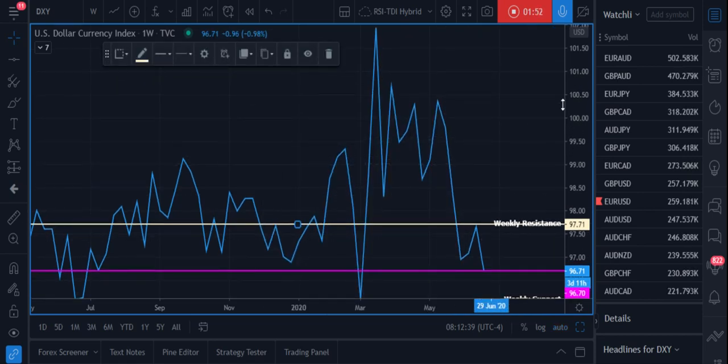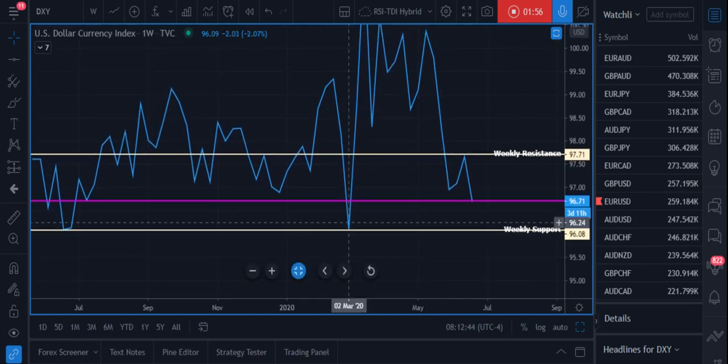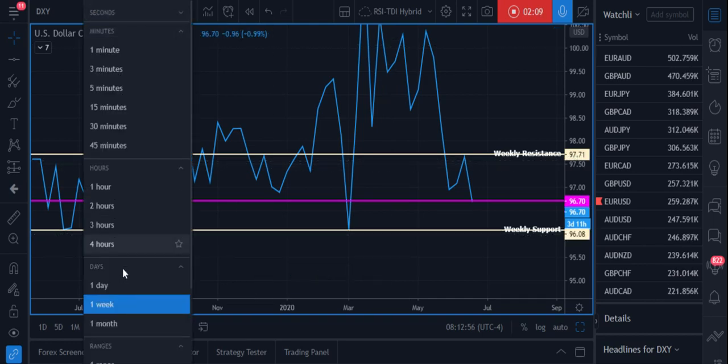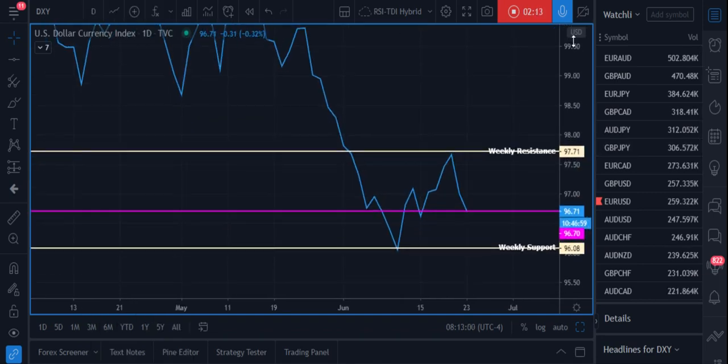Now, I just marked support and resistance, the weekly high and low on my chart. Now, following a top-down analysis, I would just go through the next time frames and do it again.